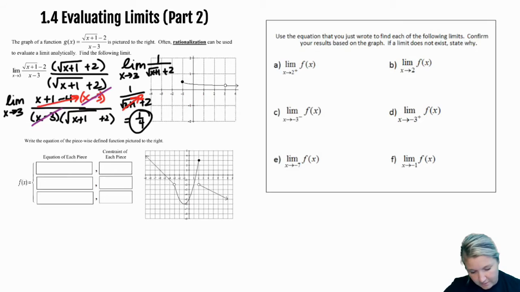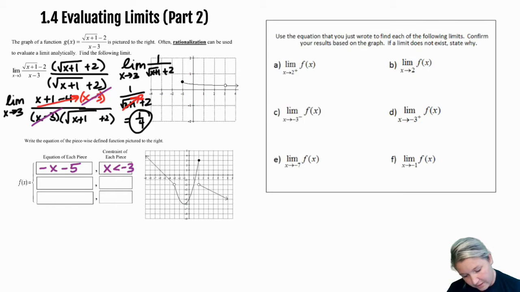So now let's look at a piecewise defined function, and we're going to define each piece, and then look at the limit of those. The first piece, I'm going to write it in purple, is this piece right here, going all the way up to x is less than -3, not including -3. And that is going to be negative x minus 5.